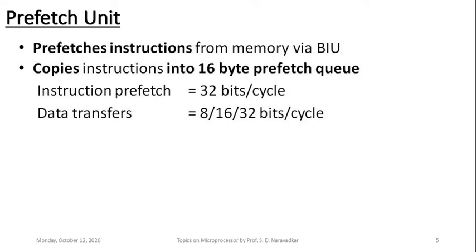It clearly means that whenever there is a vacancy of 4 bytes within that prefetch queue, 4 bytes meaning 32 bits, then and only then will the prefetch unit request the BIU to carry on the next prefetch of 32 bits, the next prefetch of 4 bytes. If the vacancy within the prefetch queue is less than 4 bytes, like 3 bytes or 2 bytes, then no prefetch operation will be initiated here.